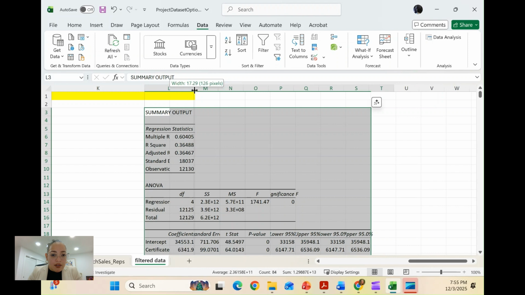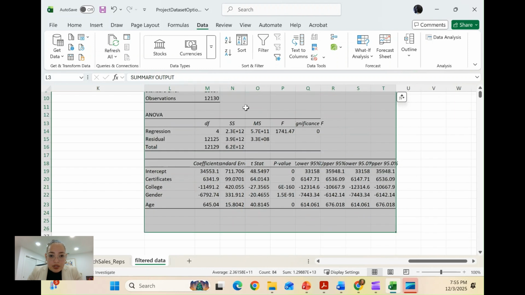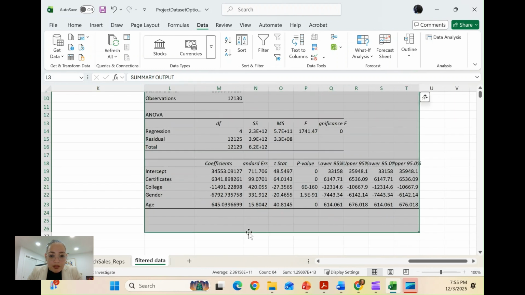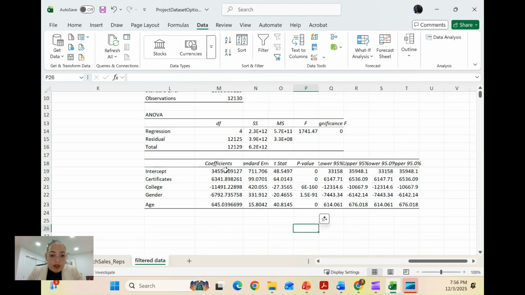Okay, so I already have my regression analysis. We have our coefficients. What my intercept shows is the predicted value when all my other independent variables are zero. So this will be like the lowest salary amount that it can go to if all of this is zero. And the coefficient for certificate is positive.